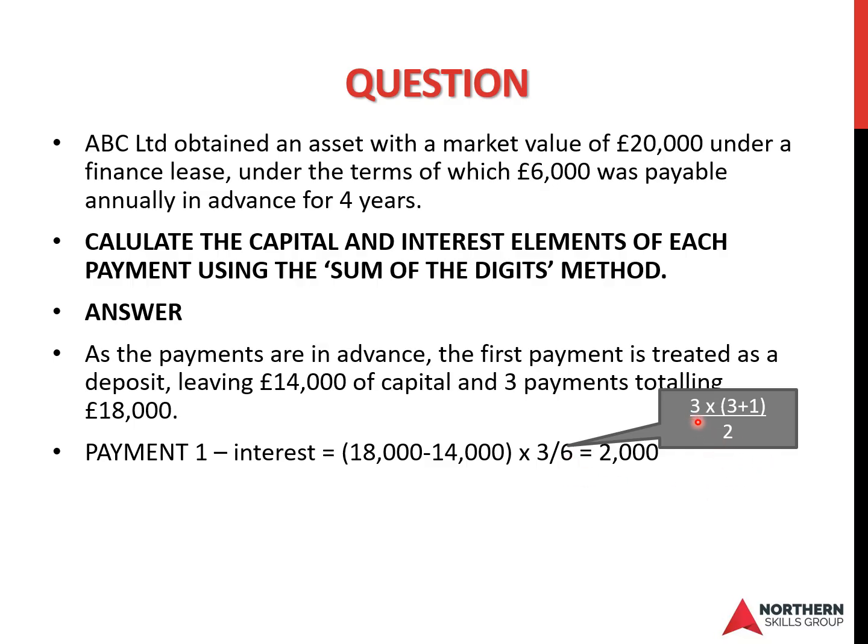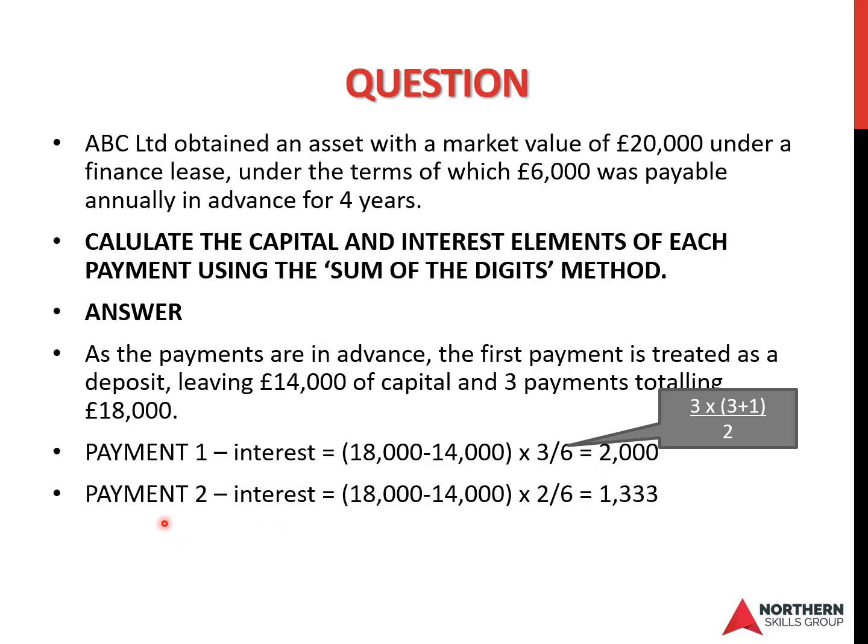The number of payments times the number of payments plus 1, so that's 3 times 4 is 12, divided by 2 gives us 6. So the interest included in the first repayment will be £2,000, so the capital repayment there will be 4,000.